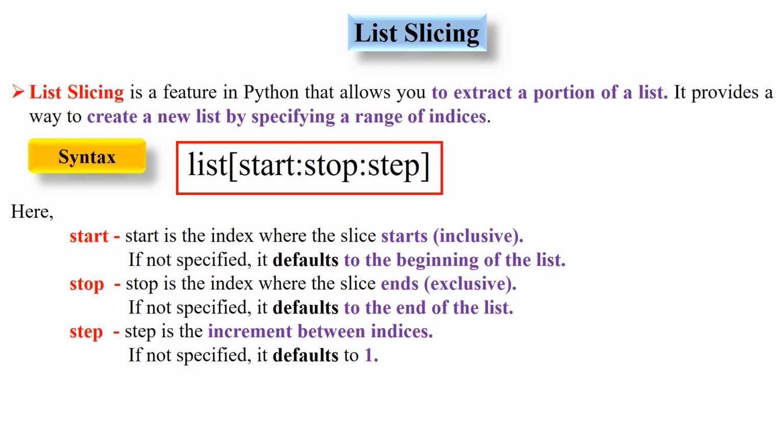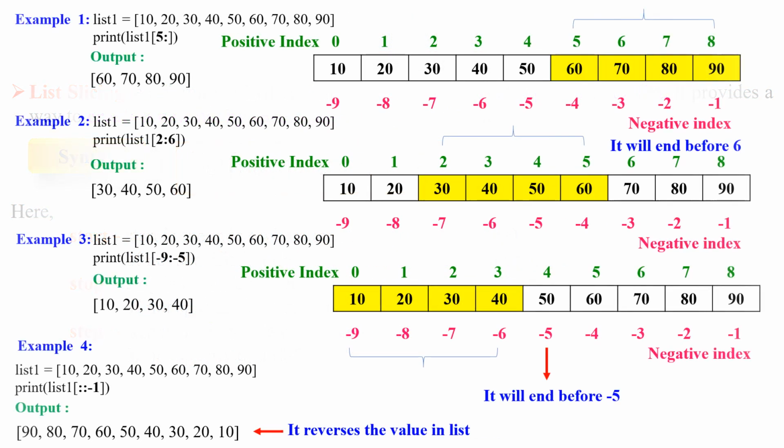If not specified, it defaults to the beginning of the list. Stop is the index where the slice ends, exclusive. If not specified, it defaults to the end of the list. Step is the increment between indices. If not specified, it defaults to 1. You can revise these examples given here.